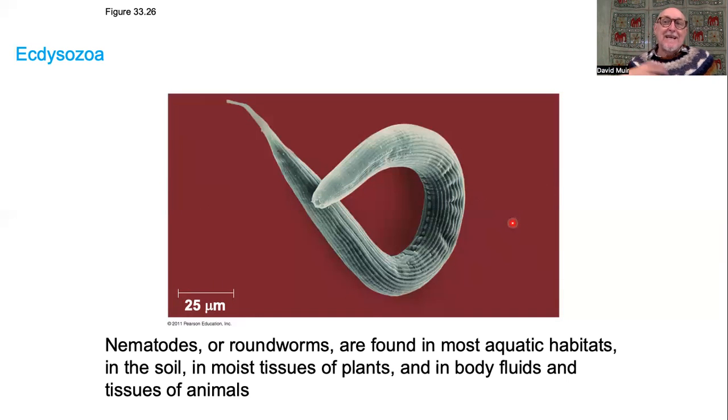We have evolved together with our nematodes over a very, very, very long period of time. And for the most part, carrying a certain number of nematodes is not harmful and may in fact be beneficial. It's a very strange thing to think about, but it is true.